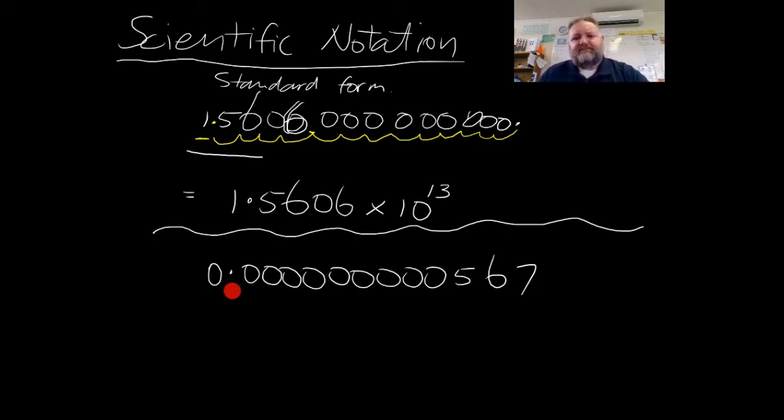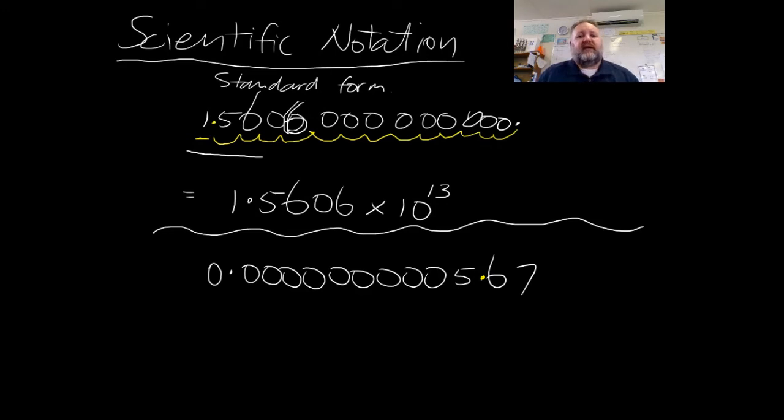Once again, I need to find another number. I have to actually go down until I find my first significant figure. My first significant figure is this 5. So I want to shift my number so that the decimal point is after that 5 right here.